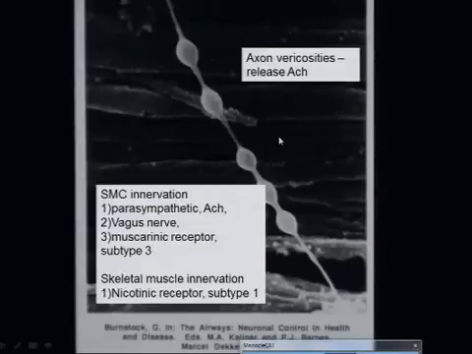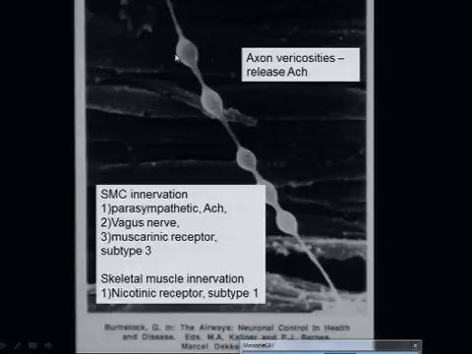And we skip back just a little bit for a second here. This is one of the axon varicosities, or this is like the vagus nerve, or a nerve that comes across the smooth muscle cells. So these are muscle cells underneath here. As this nerve comes across here, these axon varicosities, this is where acetylcholine is released in little packets.